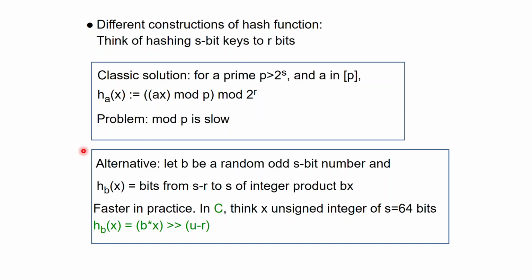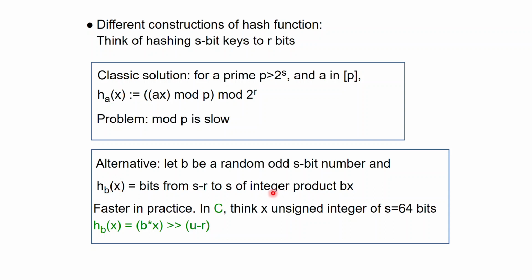An alternative solution which I want to mention to you, which is very popular in practice, is one which does not involve prime numbers, but just basic arithmetic. The way it works is that the seed b is a random odd number with s bits, and then the value of the hash function on seed b and input x is computed as follows.